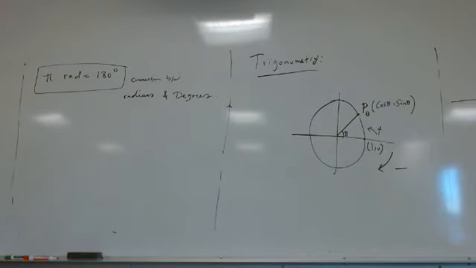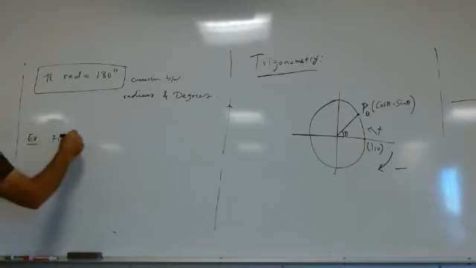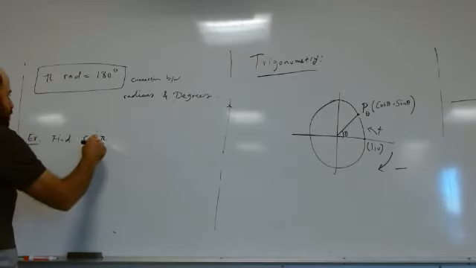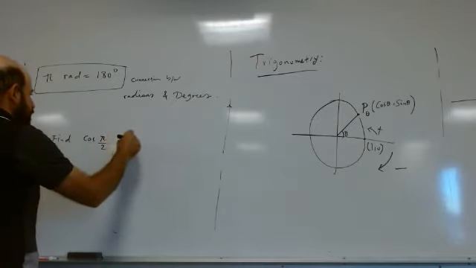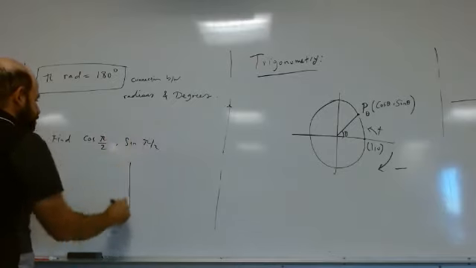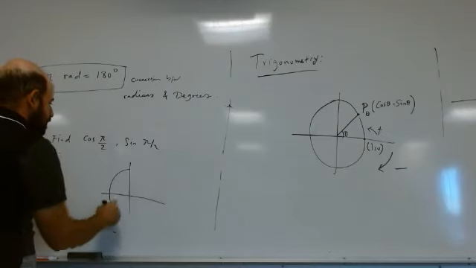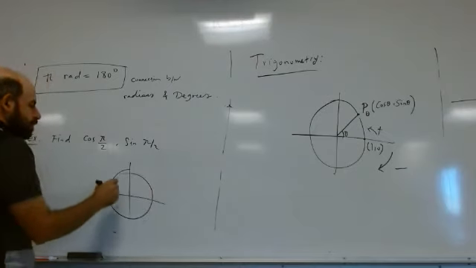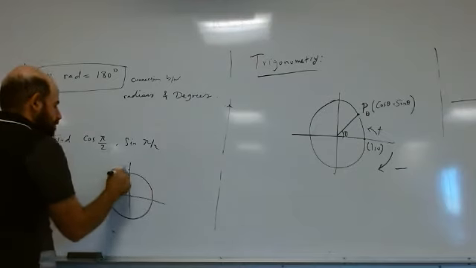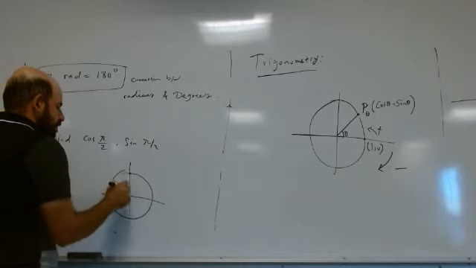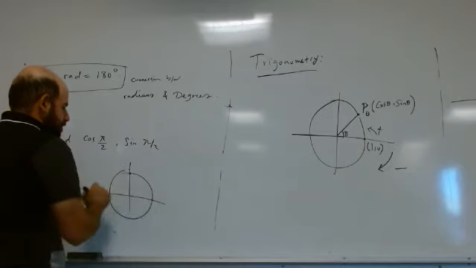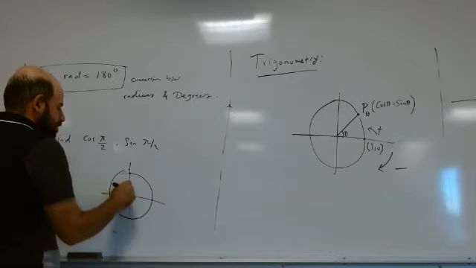Now, let's say you want to find cos 90 degrees and sine 90 degrees, for example, this example: find cos pi over 2 and sine pi over 2. So we need to draw this circle, and then this is 90 degrees.